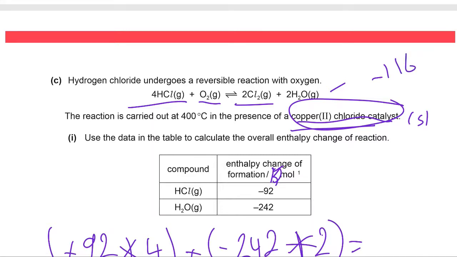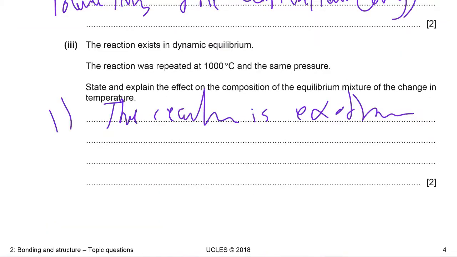If you increase the temperature, this reaction is already exothermic, so it doesn't need an increase in temperature. That means 400 is the optimum temperature for this reaction. But if you increase the temperature, the reaction will be shifted to the left. In this case, the yield of chlorine and H2O will be decreased. So we can say here, the reaction is exothermic, 1.